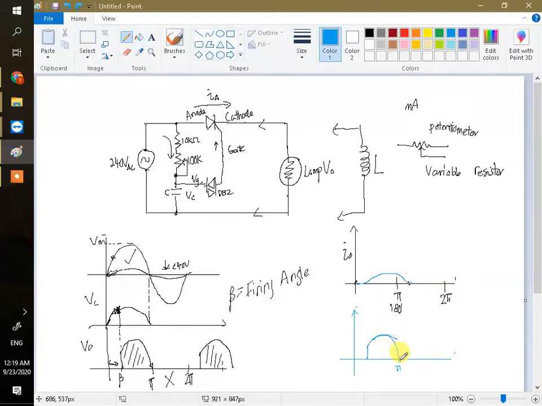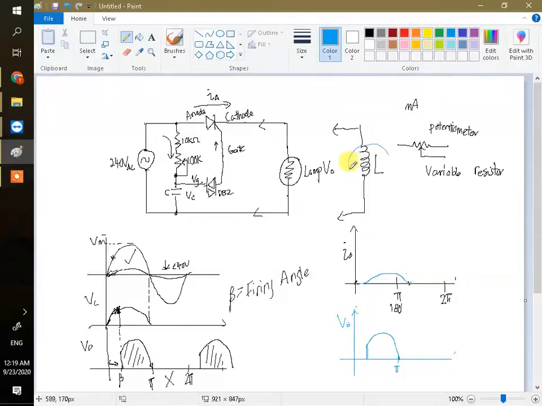But the voltage is in phase. Okay, let's draw a better one. Let's say this is pi here. The voltage will be in phase, just like this one. You will go to 0 at pi, unlike the current, which will go over pi. This is Vout.